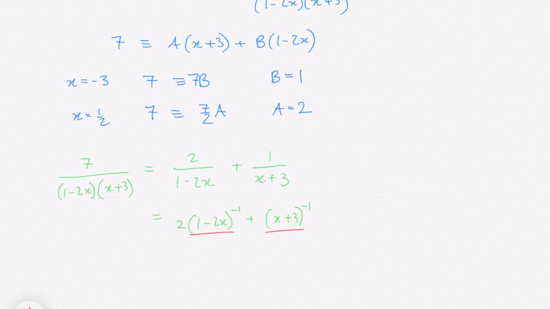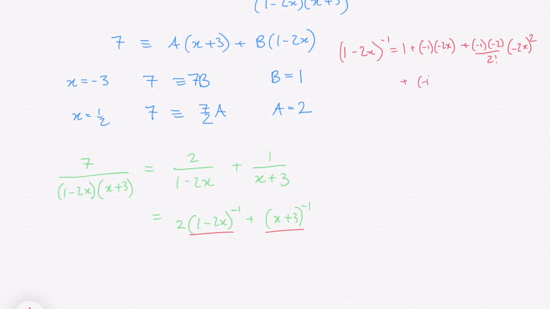So the first one is 1 minus 2x to the minus 1. Well, this is equal to 1 plus minus 1 lots of minus 2x plus minus 1 minus 2 over 2 factorial lots of minus 2x squared plus minus 1 minus 2 minus 3 over 3 factorial lots of minus 2x cubed plus some higher order terms.